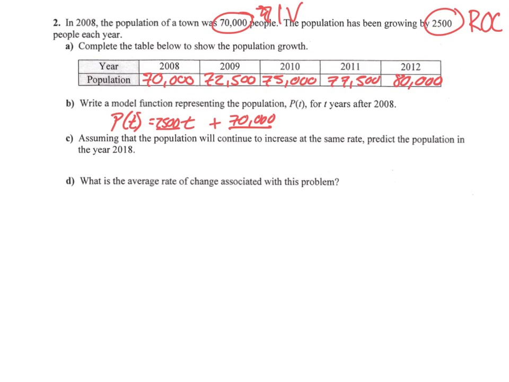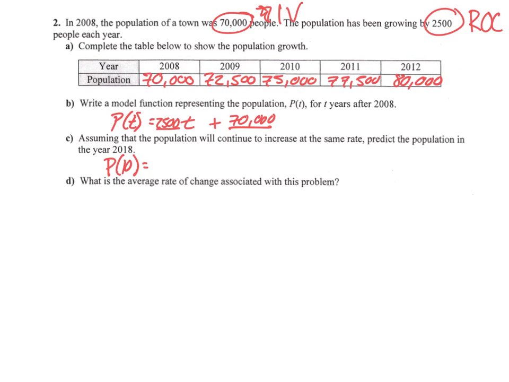Assuming that the population will continue to increase at the same rate, predict the population in the year 2018. How many years difference is there from 2008 to 2018? 10 years. So they're asking to estimate how many people there will be 10 years from now. So we're plugging in 10.